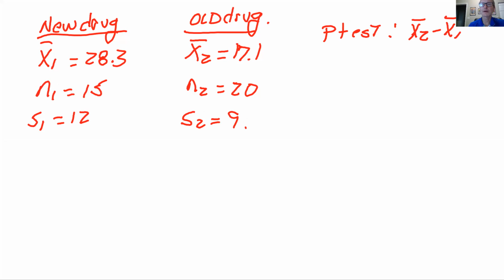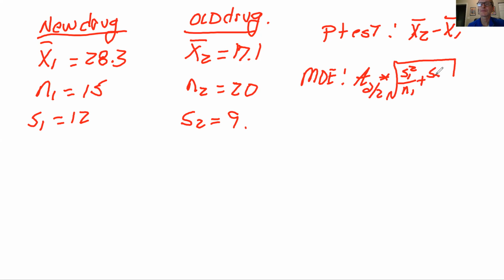And then our ME, margin of error, is t sub alpha divided by 2, in this case at 95%, multiplied by the square root of s1 squared over n1 plus s2 squared over n2. So that's what we need to calculate. How do you do that?